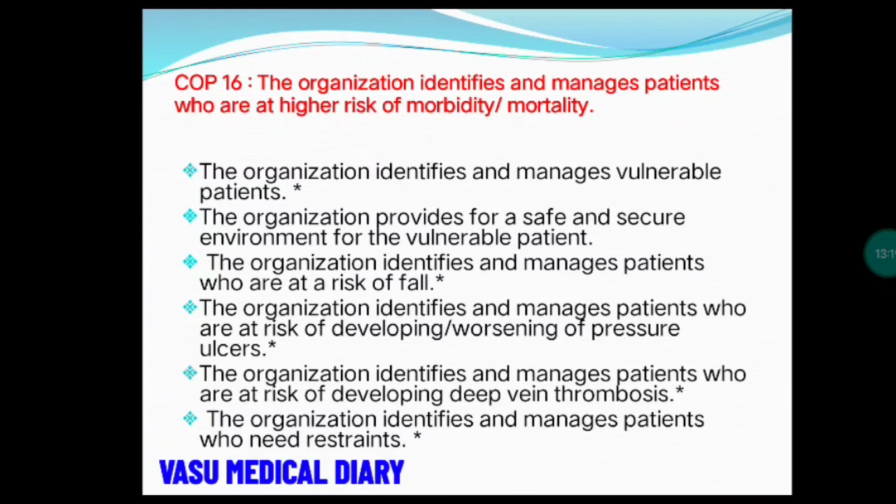In our assessment form itself we should know who all are vulnerable patients, and we may identify them with a different ID band or something, like who is pregnant, mentally ill, above 60, below 5, and patients after surgery, in sedation. All these patients are vulnerable. So it depends on the institutional policy. We have to identify them, and the organization provides a safe and secure environment for these patients.